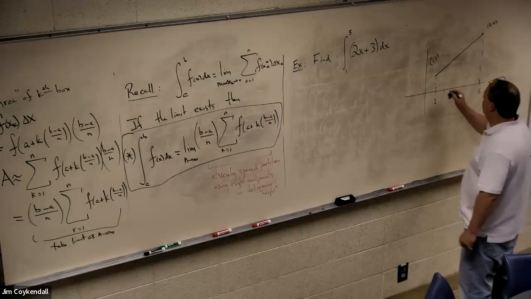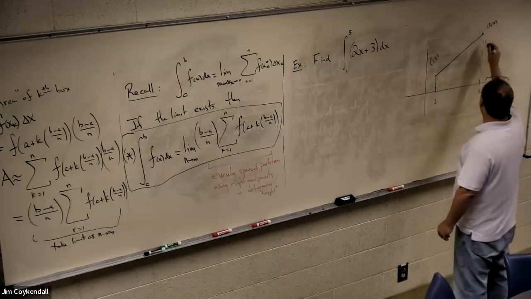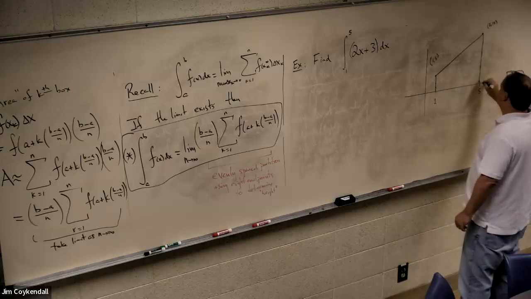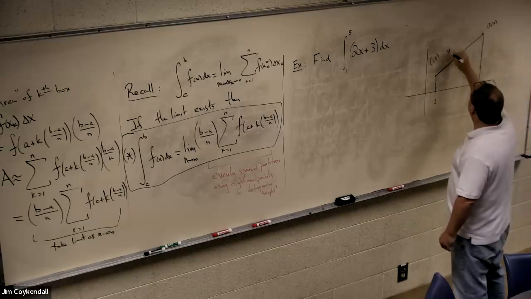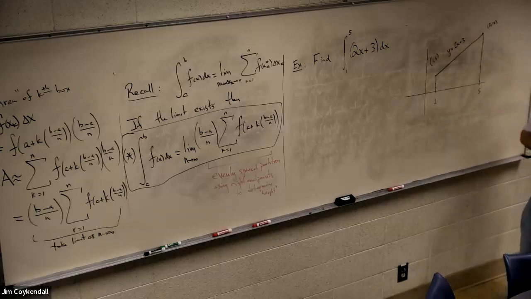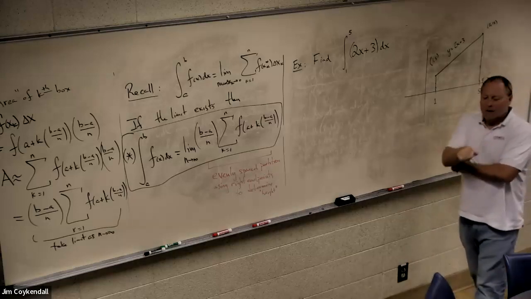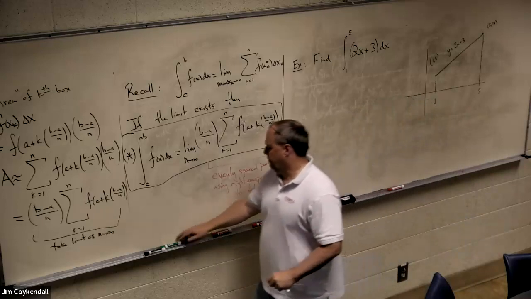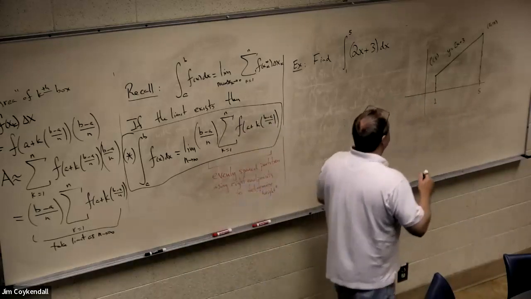How would I figure out the area of this thing? I guess it's a trapezoid. Really, you don't need to know fancy stuff. How did you figure out the area under the curve? That's perfect, that's exactly right.